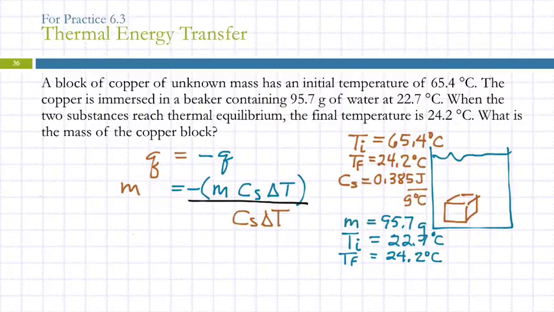I don't know why they round that off. It's lame. It's 4.184 joules per gram degree Celsius. Because that's exact. Why drop the 4? I don't know.